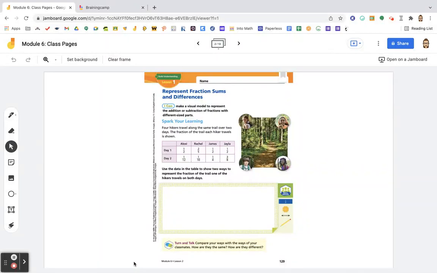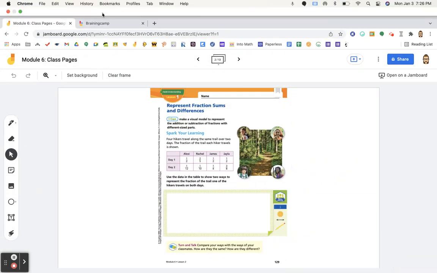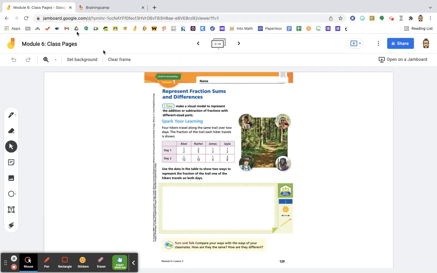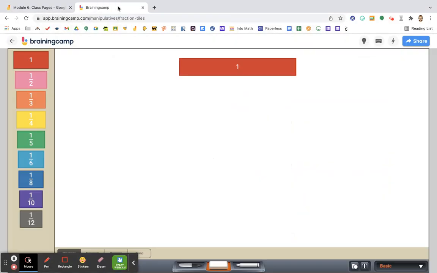So then it says, use the data in the table to show 2 ways to represent the fraction of the trail one of the hikers travels on both days. So I'm going to choose James. I'm going to set up here. I have my 1, and on day 1 he does a 1/2.